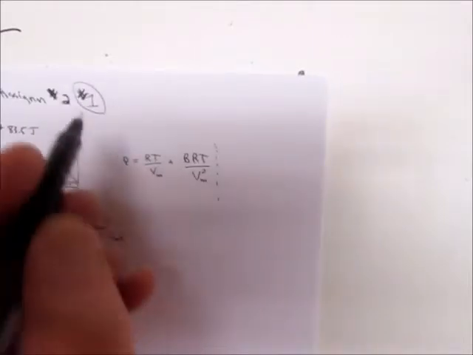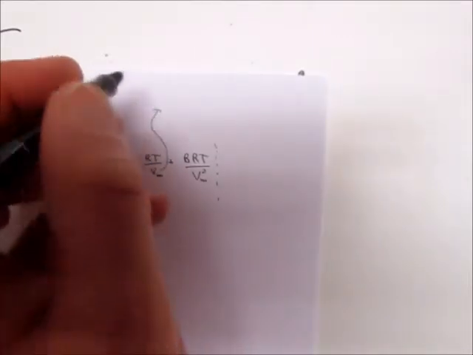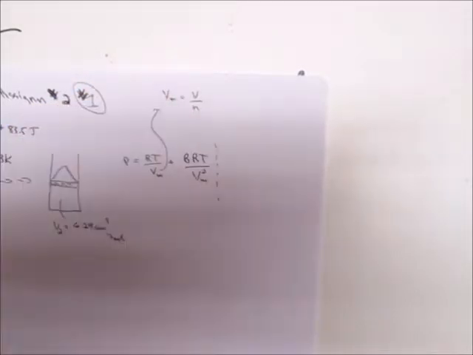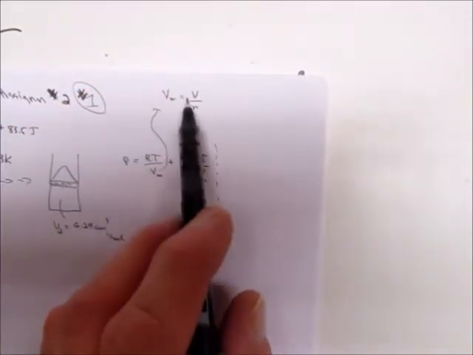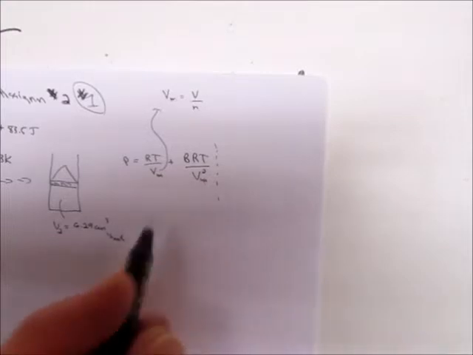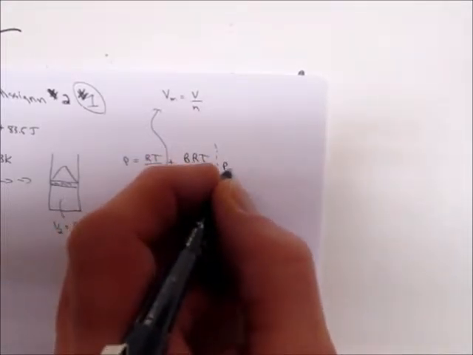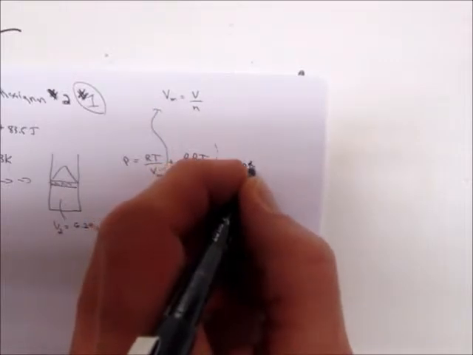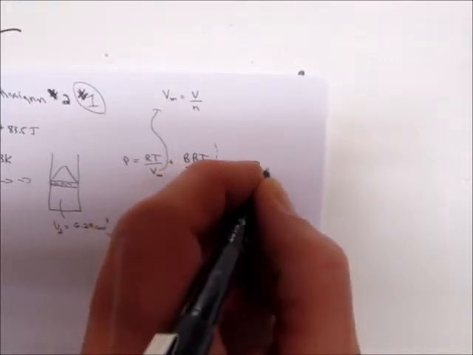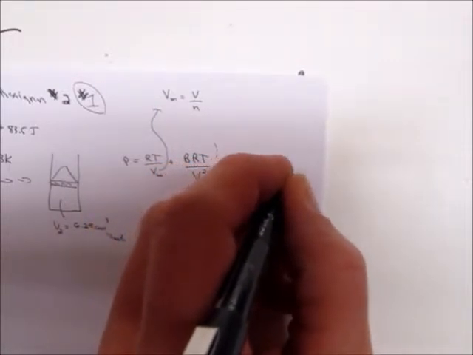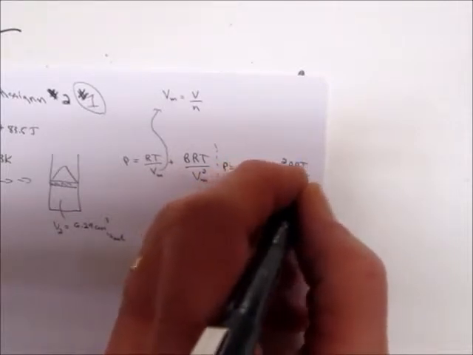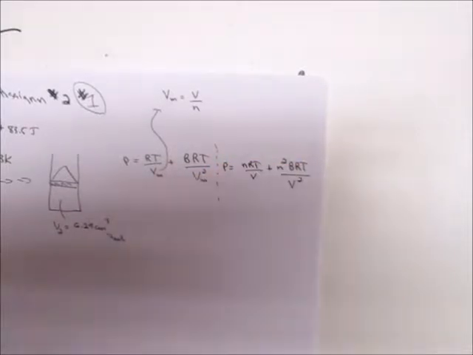The other way is to realize that molar volume by definition is simply the volume divided by the number of moles. You can insert V over N in place of these, and what you end up with would look like this: B N squared R T over V squared.